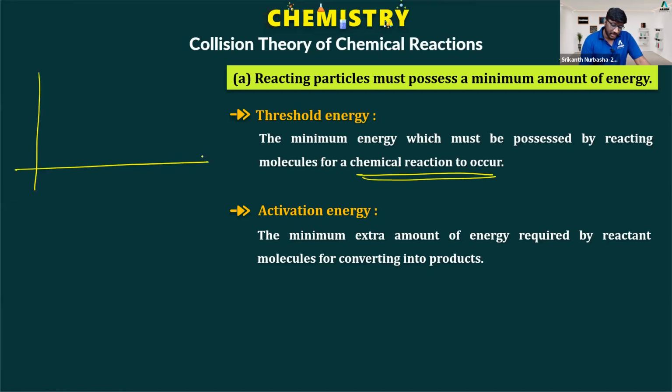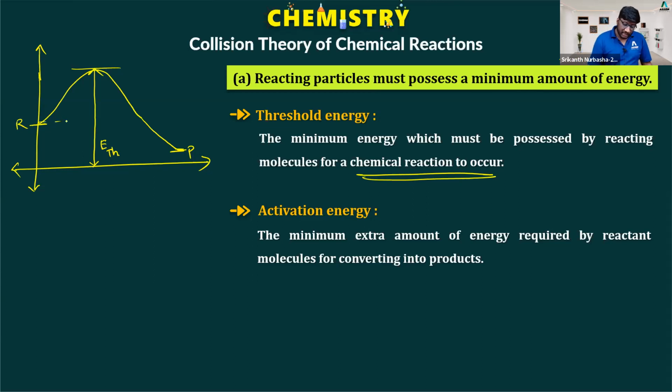If you try to understand, let us take an exothermic reaction. Somewhere we have reactants here and somewhere we have products here. The reactants are going to be converting into products. From the x-axis to the activated stage, whatever the energy we have, this is nothing but your E threshold.